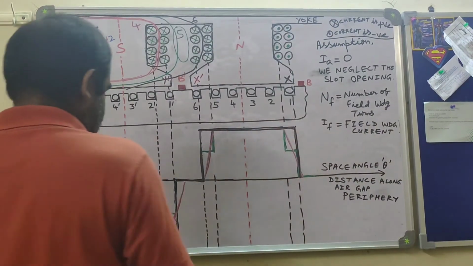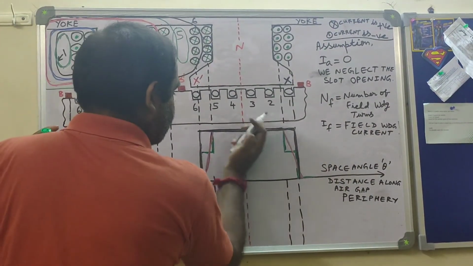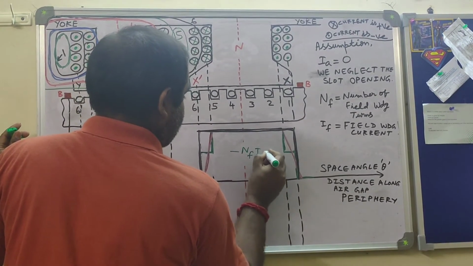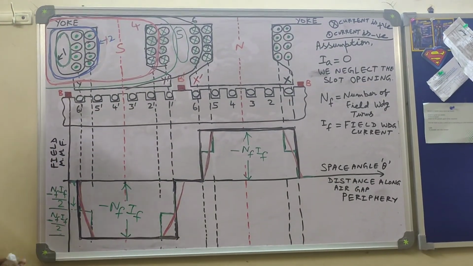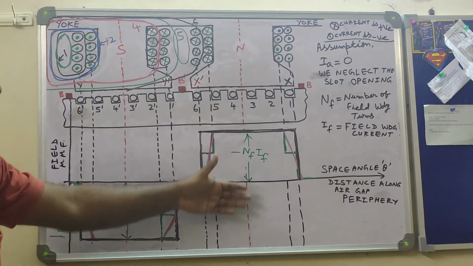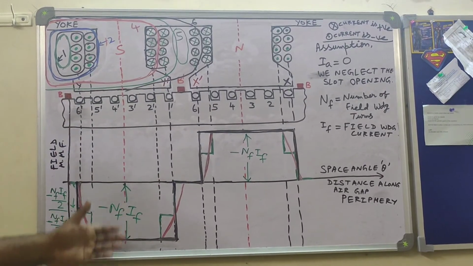So this portion is NFIF. This entire thing is NFIF, and this is minus NFIF. So under the north pole, MMF is shown to be positive, and under the south pole, MMF is shown to be negative.